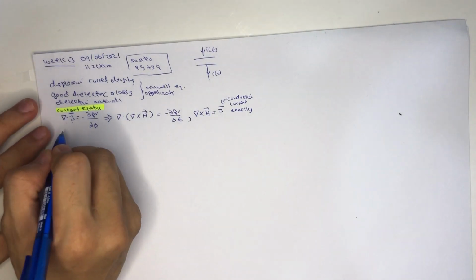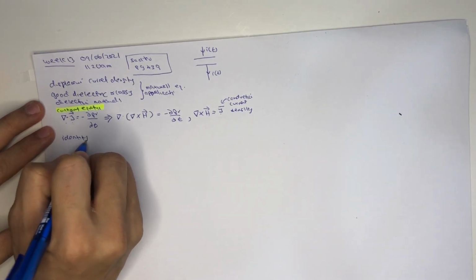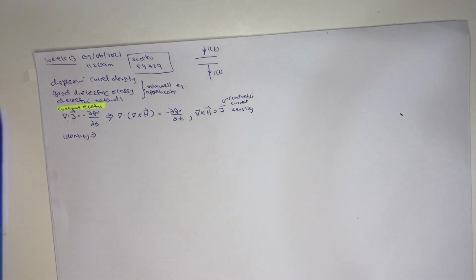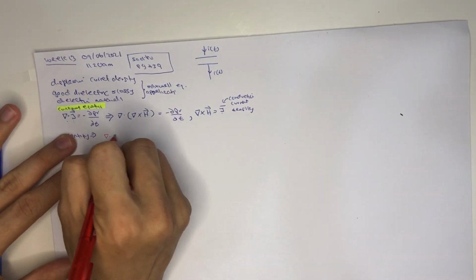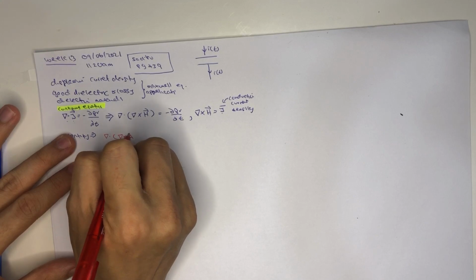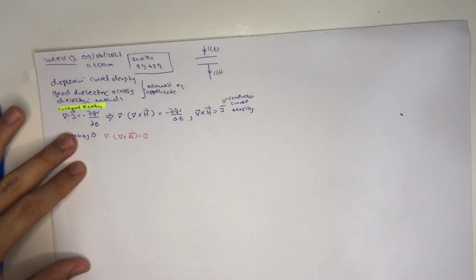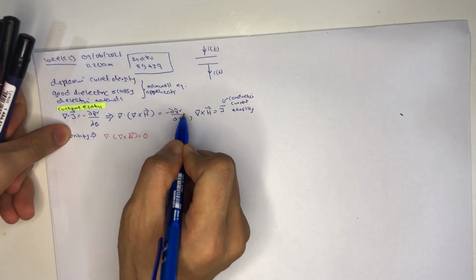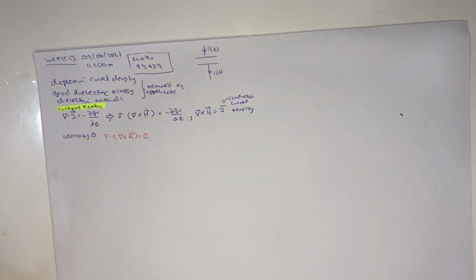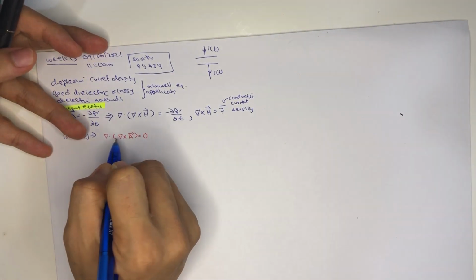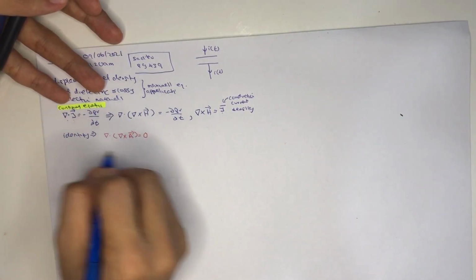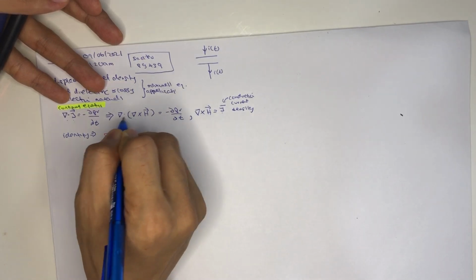However, from the identity that we learned in mathematics, the divergence of the curl of any vector will result in 0. So if we describe this as 0, then this one should be 0.